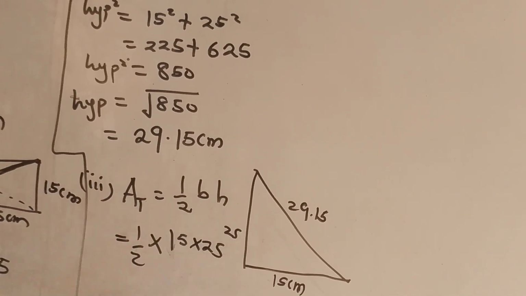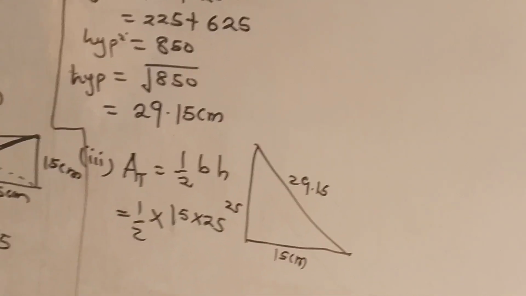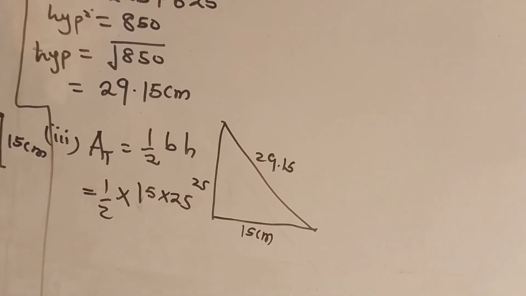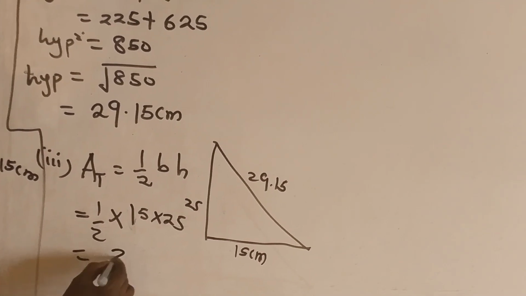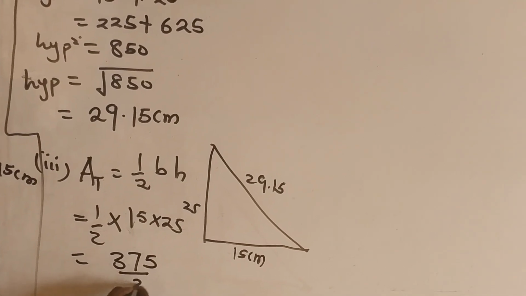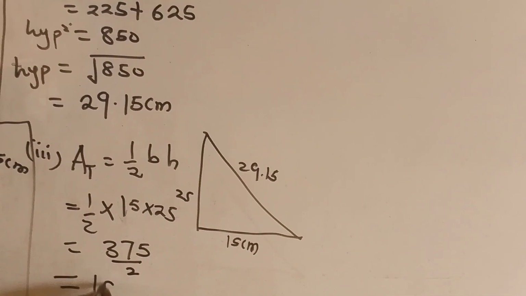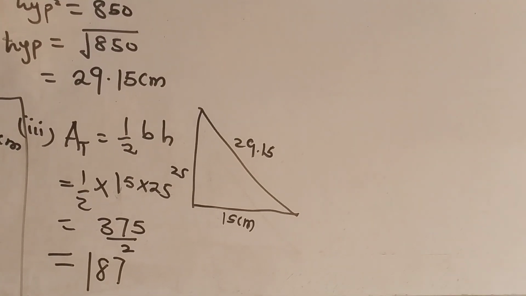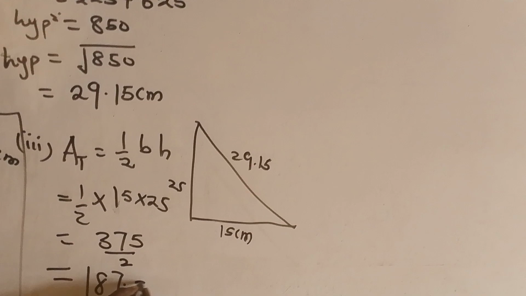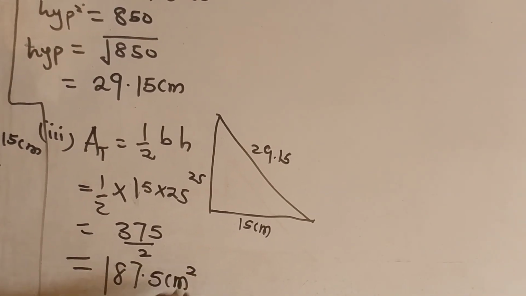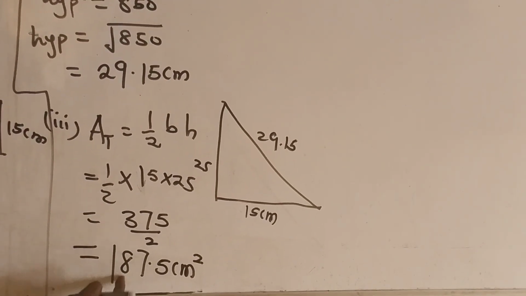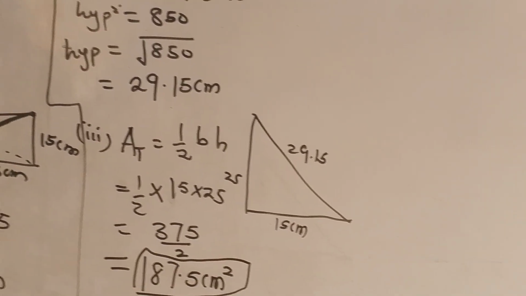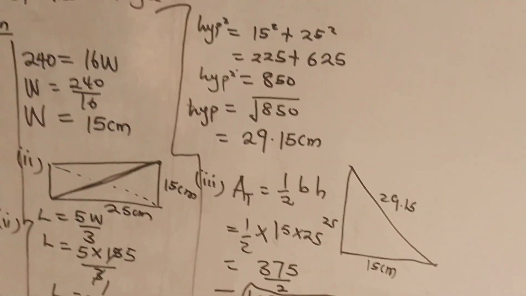So 15 times 25 is 375. This will give us 375 divided by 2. Then our answer will be 187.5 centimeters squared. Don't forget the unit is squared because you are calculating area. That is how to answer a question like this.